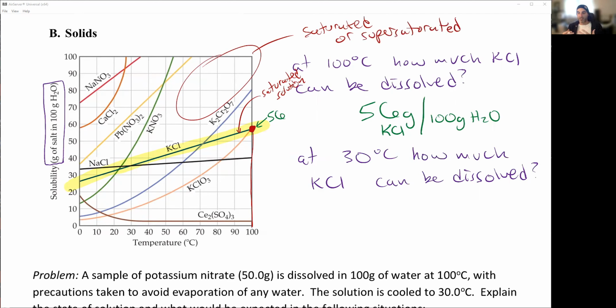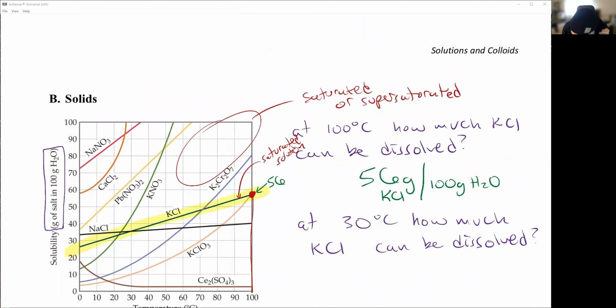So if I say I dissolve 100 grams of KCl in water at 100 degrees Celsius, and I notice that there is solid on the bottom, a pile of KCl, that means that it is in fact a saturated solution.